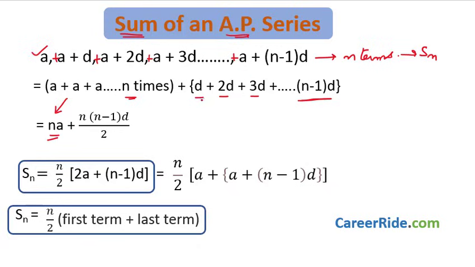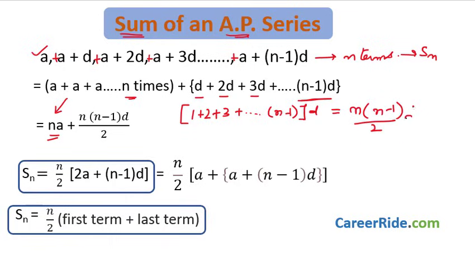And for the D's part, it is nothing but 1 plus 2 plus 3 plus up till n minus 1, and I can take D common here. What is this? This is nothing but the sum of natural numbers up till n minus 1. So I can write it as n into n minus 1 upon 2 D.